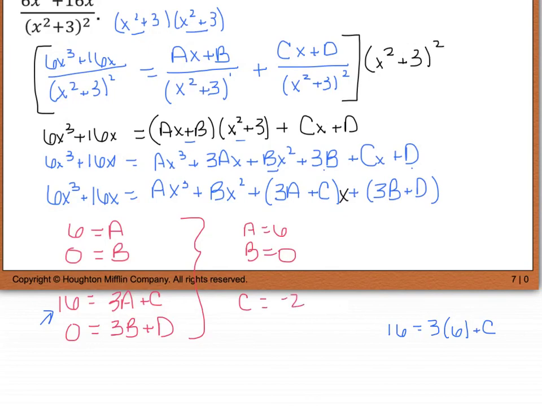And d, I can use this equation and say that 0 equals 3 times 0 plus d, or d equals 0. So to simplify this, I'm going to go back up and plug in a 6 for this a. I have no b term because that's 0. c is going to be negative 2, and d is also 0. So that would be my final answer then.